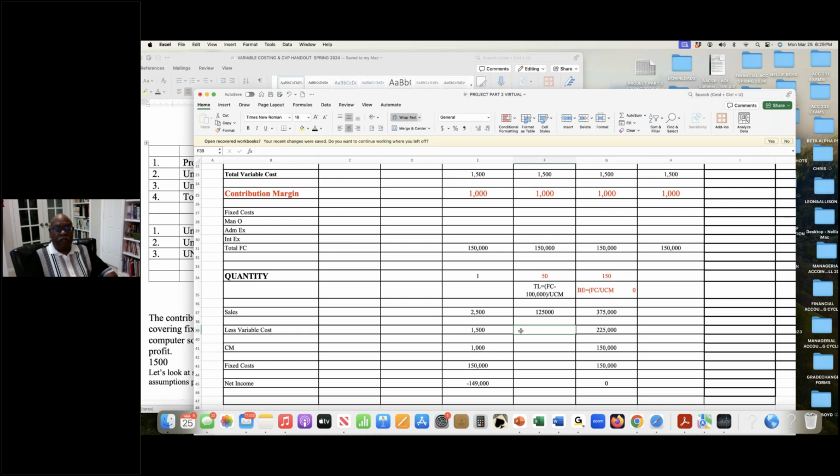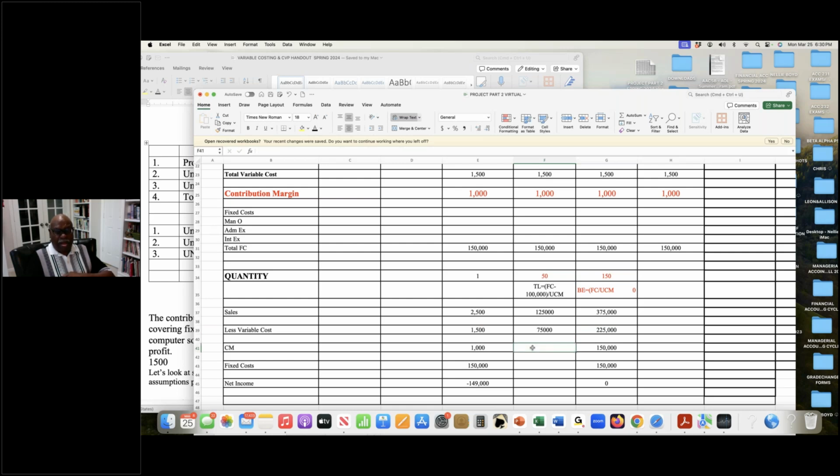The cost, we're going to do a similar thing. We multiply the quantity 50 times the 1,500, and we get 75,000.